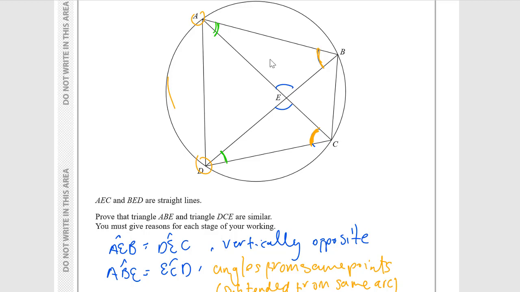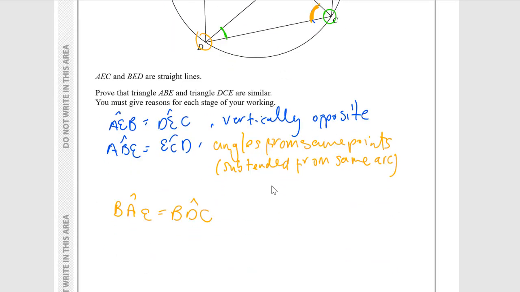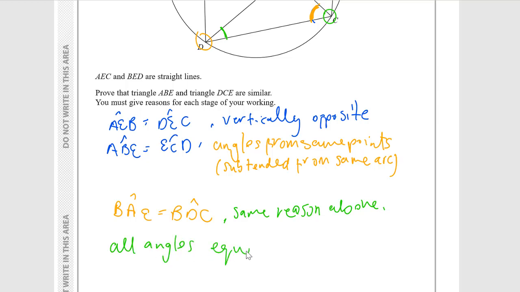So these are the same because again they come from the same points. So again subtended from the same arc. Same reason as above. And then all angles are equal, so therefore all angles equal. So ABE and DCE are similar.